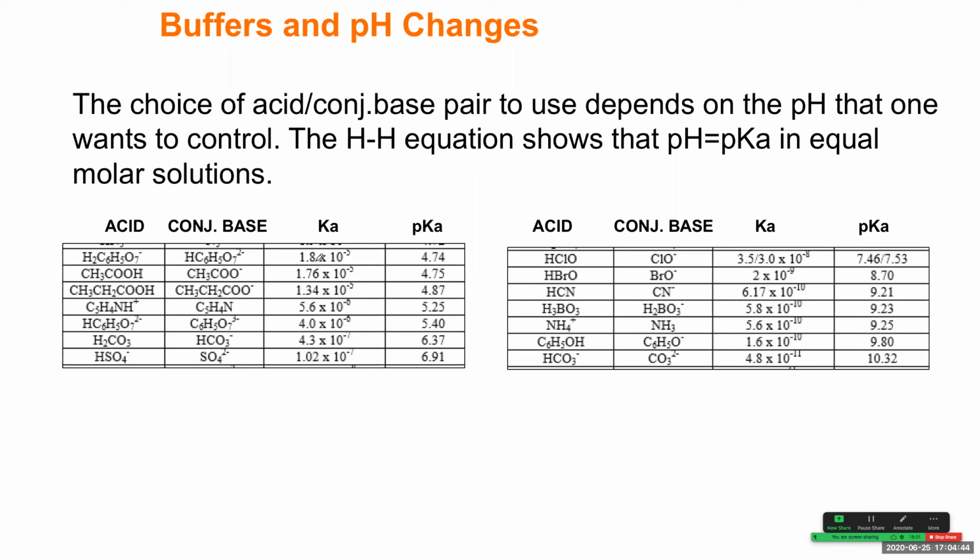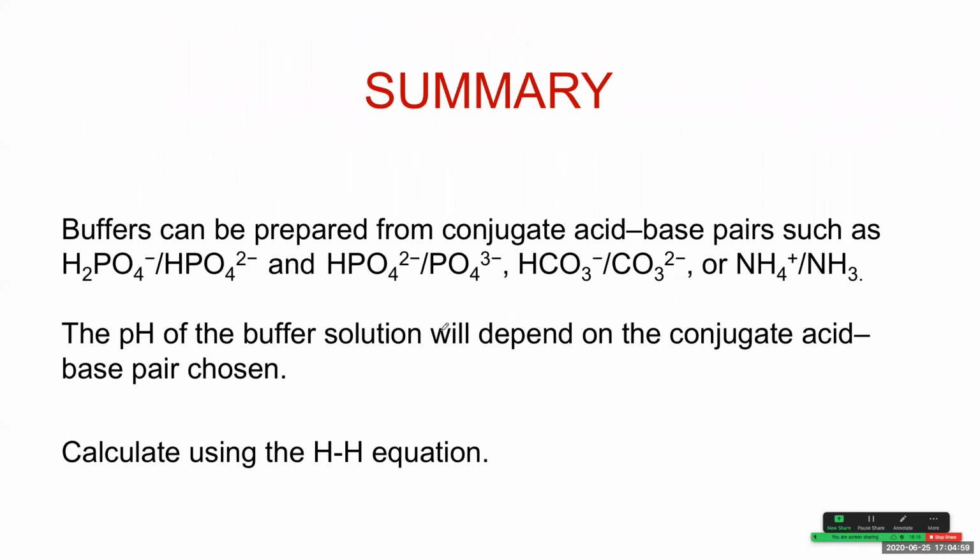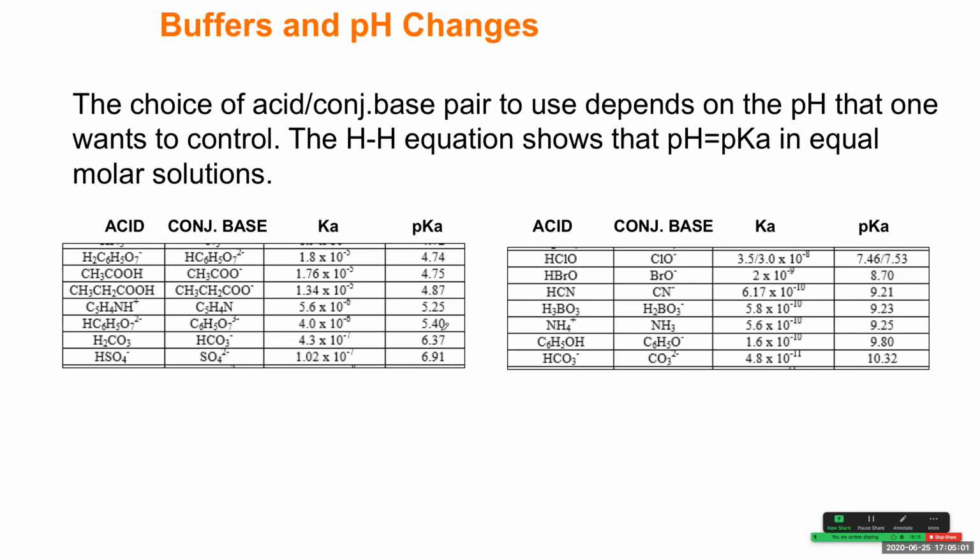So here are the acids, the conjugate bases, and the Ka's for those. On the left side, we have acid conjugate base combinations that would control the pH in the acidic range. The acidic range in this case is 6.91 down to 4.74. We could go lower. This is just a sampling. For example, here's carbonic acid bicarbonate.